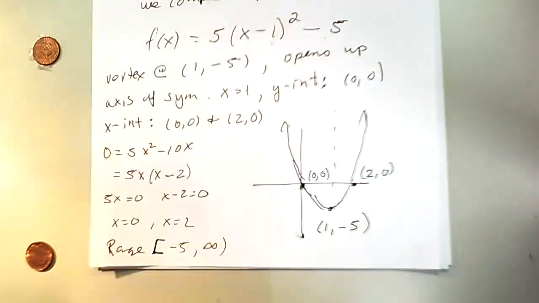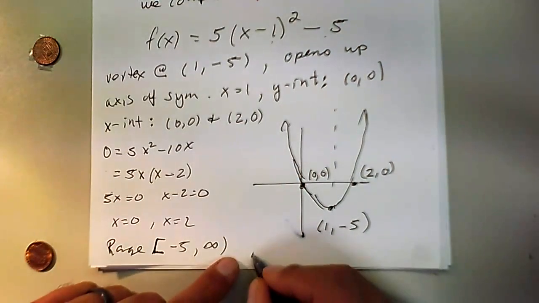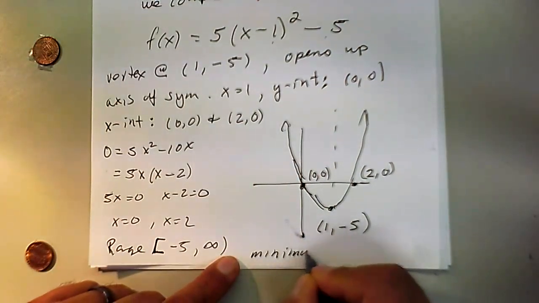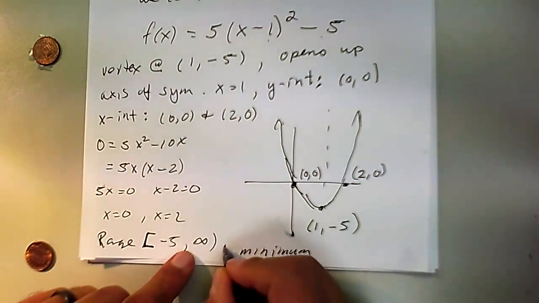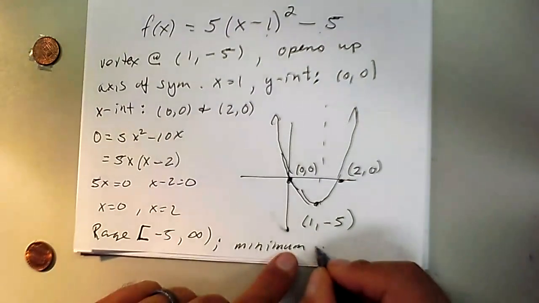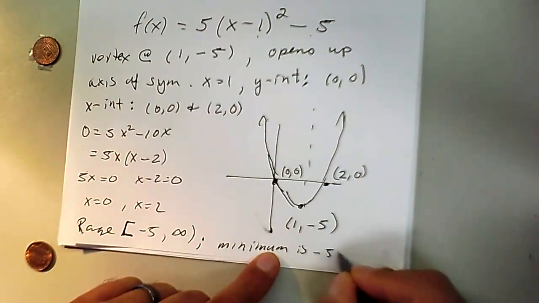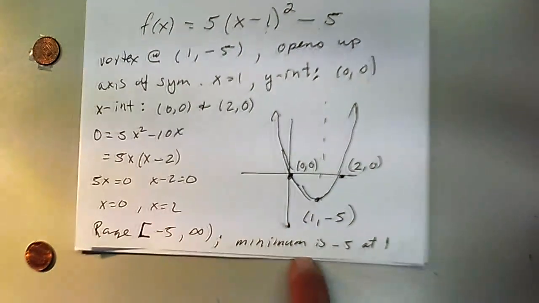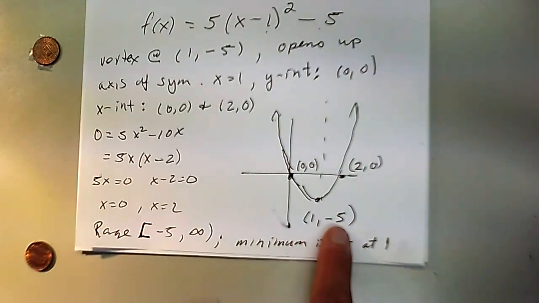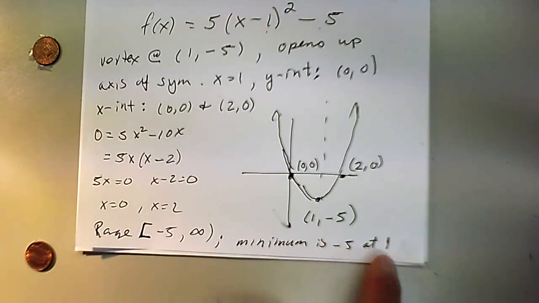This keeps going up and up forever. The minimum is -5 at 1. That's many times how we write the minimum. The minimum is the output. It happens when the input is 1.